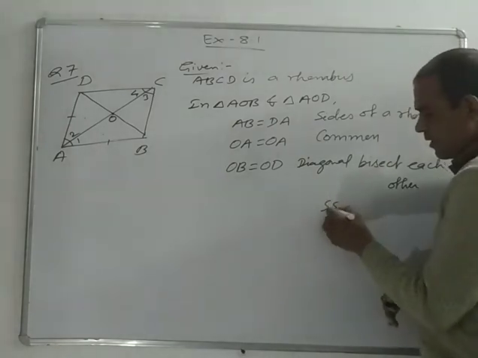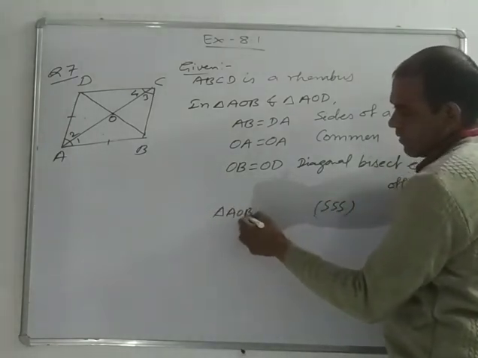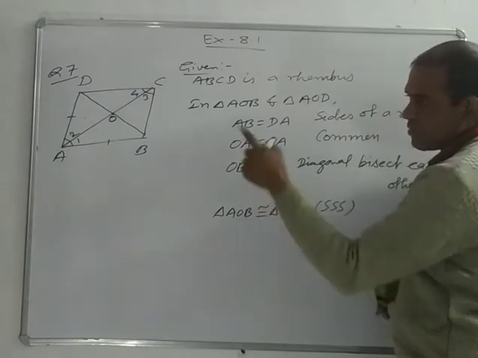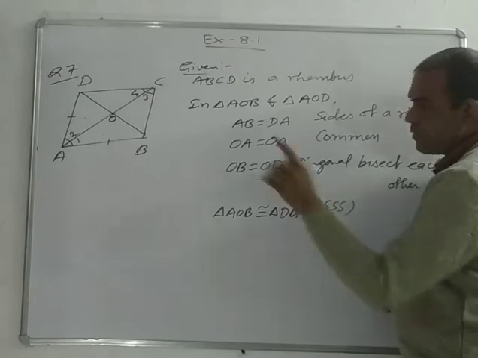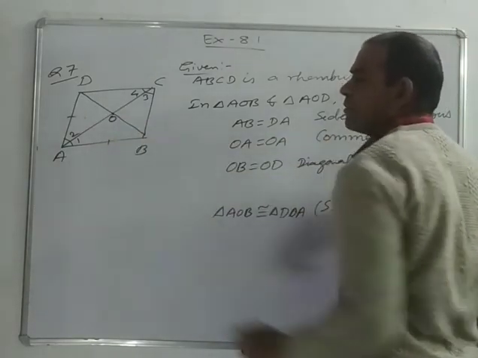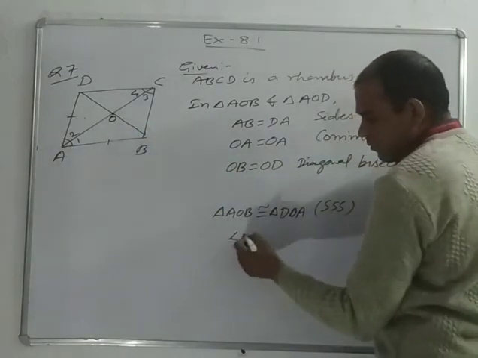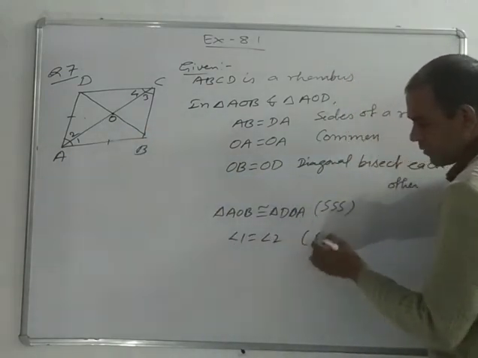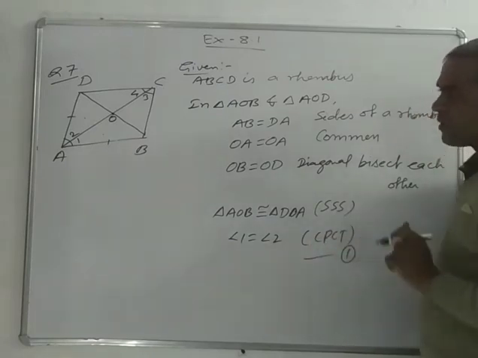So these are triple S. Triangle AOB is congruent to triangle AOD. These two triangles are congruent, so angle 1 equal to 2. Reason: CPCT. That is equation first.